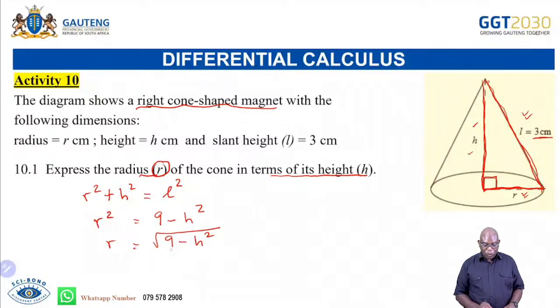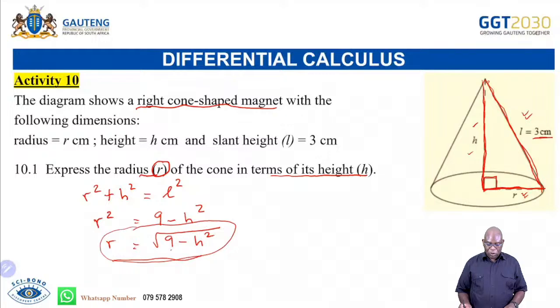You cannot get the square root of 9 and say it's 3, and then get the square root of h squared and say it's h, and write 3 minus h. That's very, very, very wrong. In this case, we leave it like that. So that is our radius. So our radius is going to be the square root of 9 minus h squared, which is r. Okay.